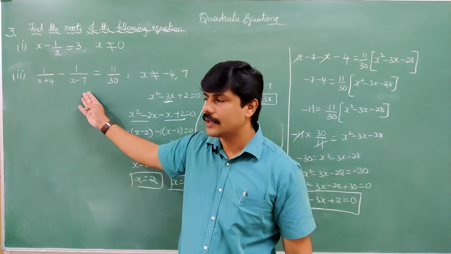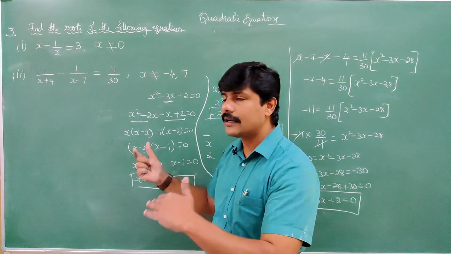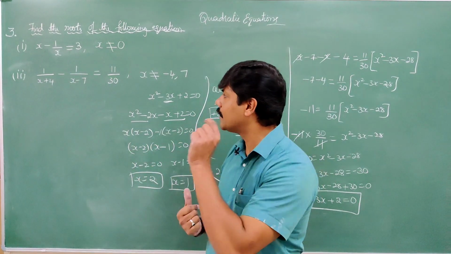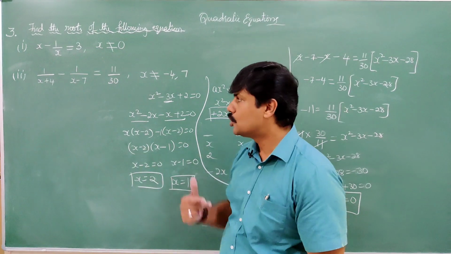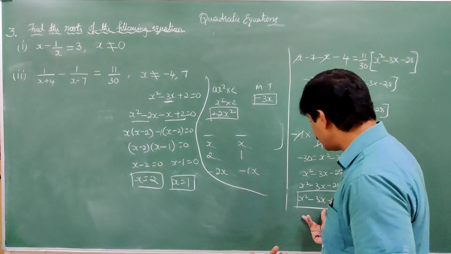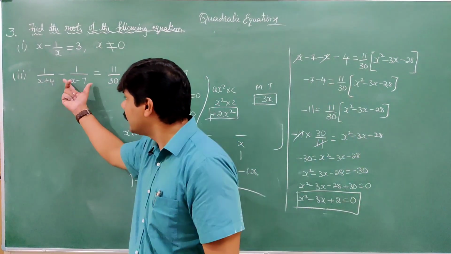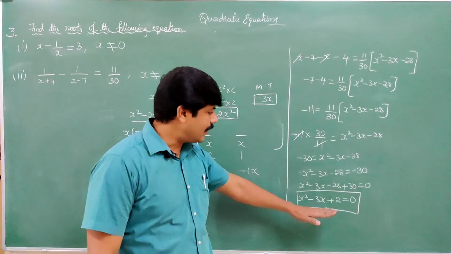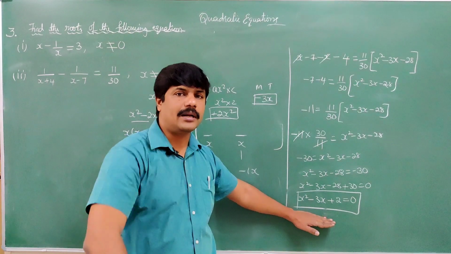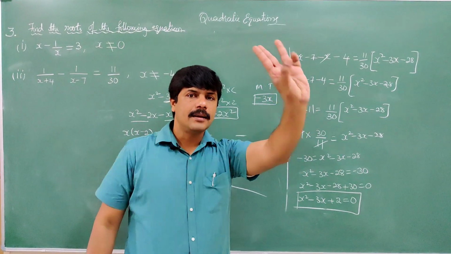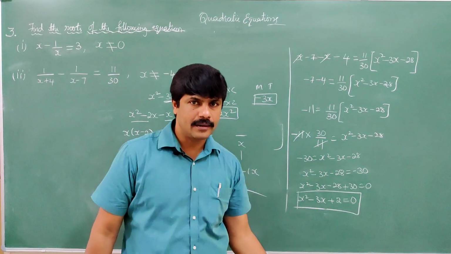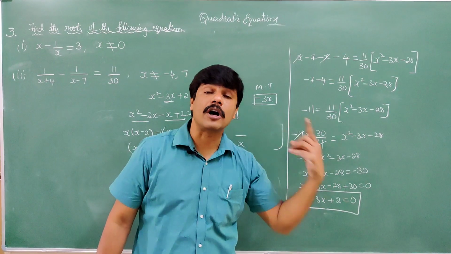Understand? Whenever the x factor is there in the denominator, the same term you multiply throughout so that you can bring it into quadratic equation form. Once you get the quadratic equation form, from here to here is the big process. Once you get here, three methods are available: factorization method, completing the square, and quadratic formula method.